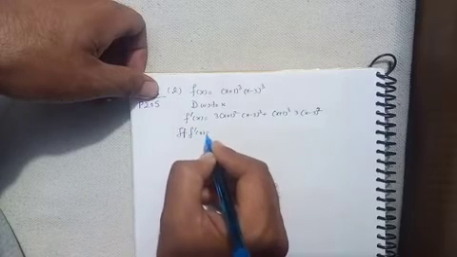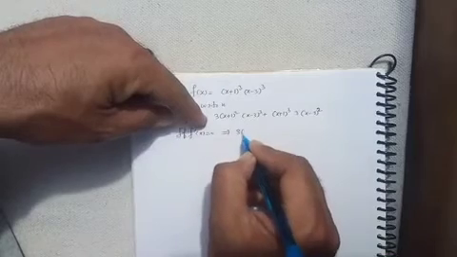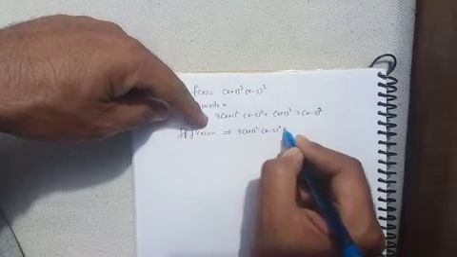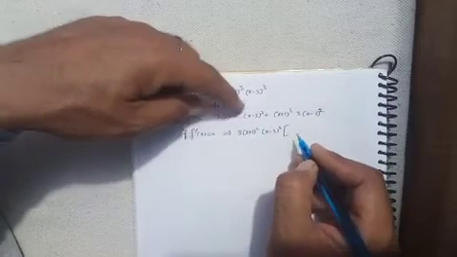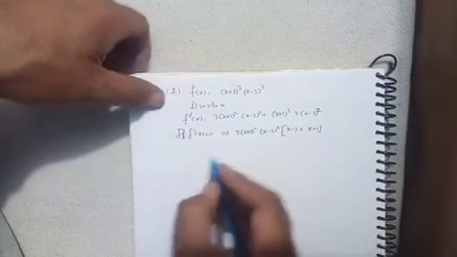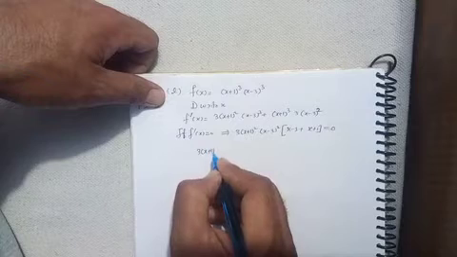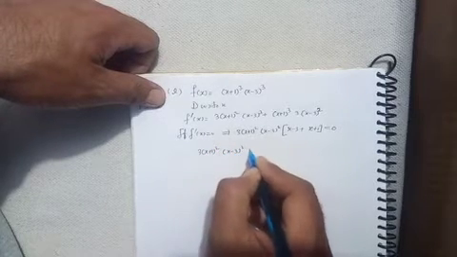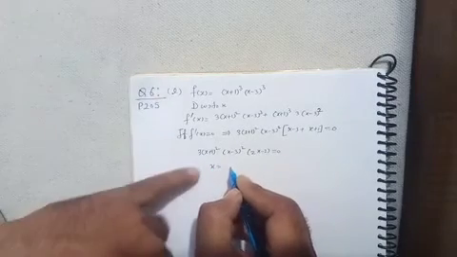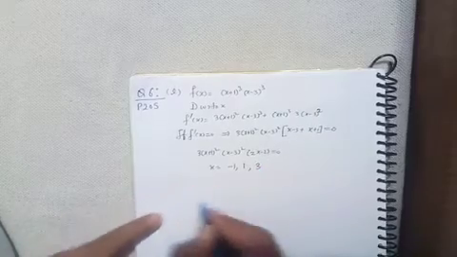It means 3 into x plus 1 whole square into x minus 3 whole square common, and it will be x minus 3 plus x plus 1 equals 0. It means 3 into x plus 1 whole square into x minus 3 whole square into 2x minus 2. It means x is either minus 1 or plus 1 or plus 3.